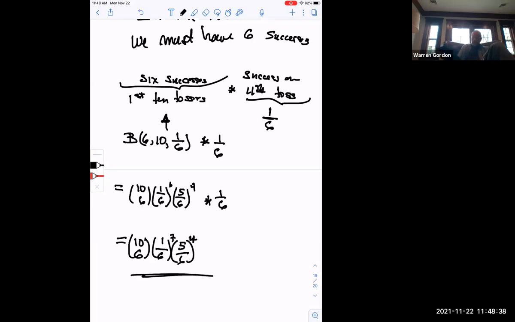So I actually solved the problem of this negative binomial or Pascal distribution.